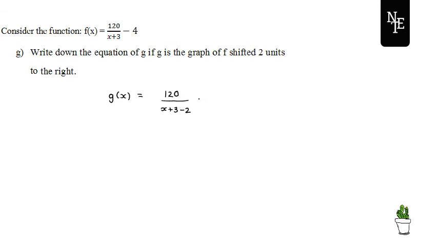Okay, and we still have this minus 4. So then g of x is going to be equal to 120 divided by x plus 3 minus 2, which is going to be a plus 1, minus 4. Okay, so then that's the equation of g of x if g of x is the graph of f shifted 2 units to the right.